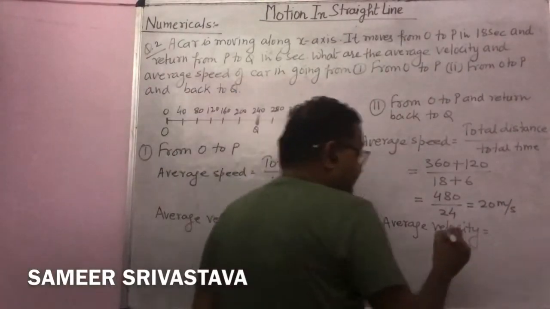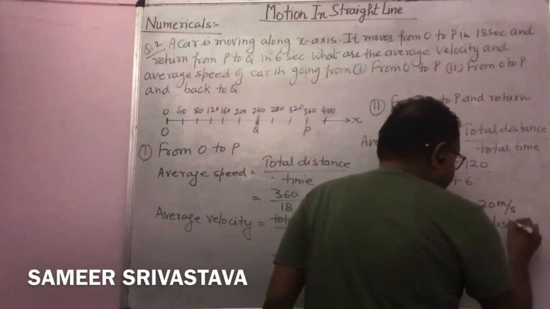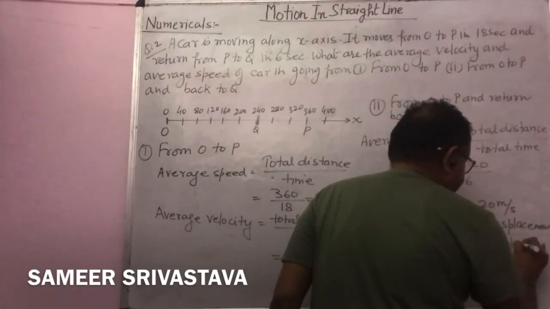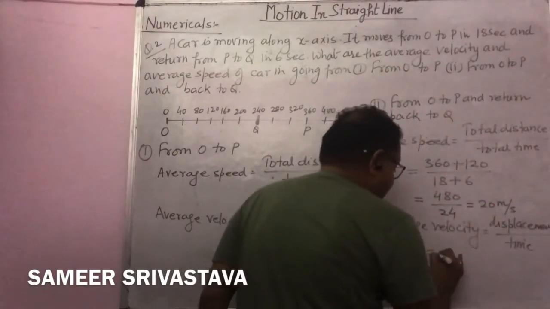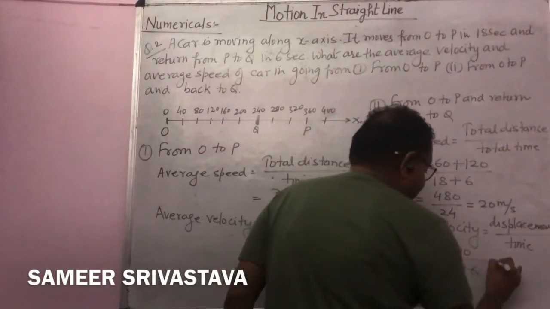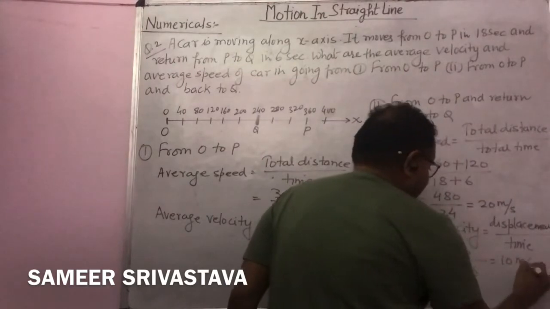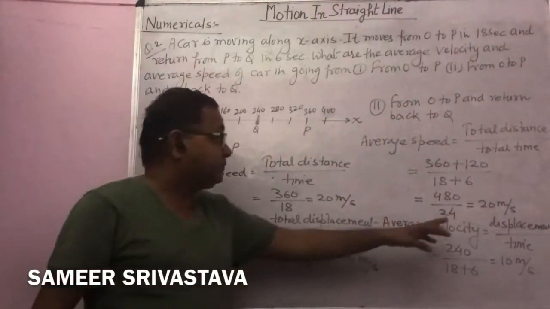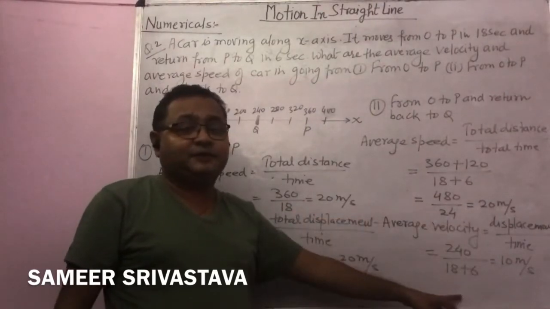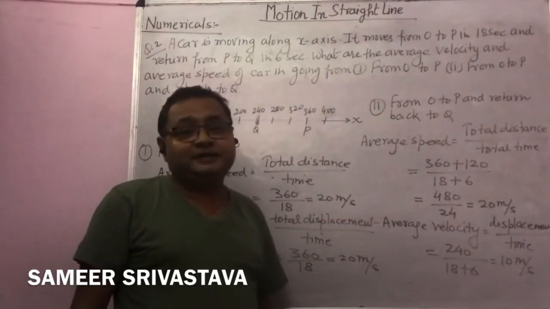Okay, so displacement upon time, that is equal to 240 upon 18 plus 6, that is 10 meter per second. So here the answer comes: the average speed is 20 meter per second and the average velocity is only 10 meter per second.